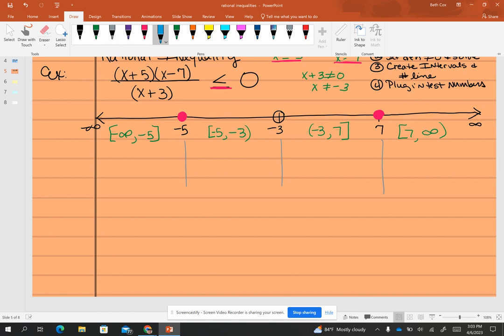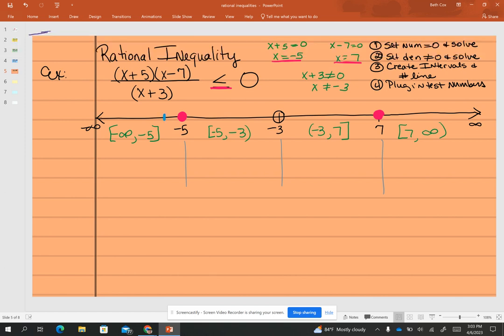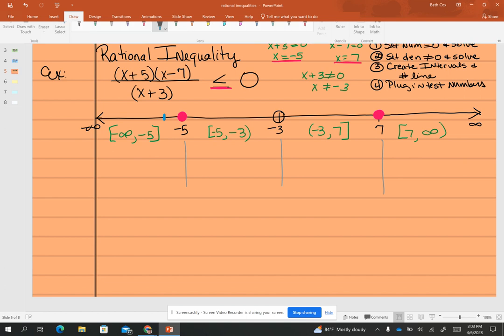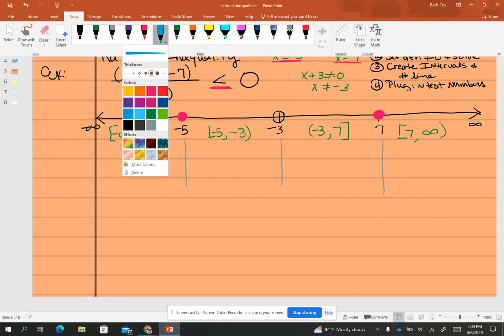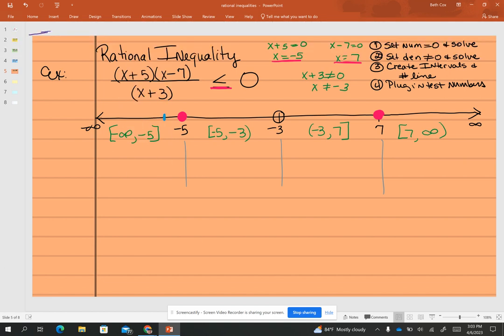Okay, so we're going to pick a number. What do we have here? We have negative 6, negative 7. Which one do you want to test? All right, let's test negative 7. I'm going to plug in negative 7, so negative 7 plus 5, negative 7 minus 7, over negative 7 plus 3.